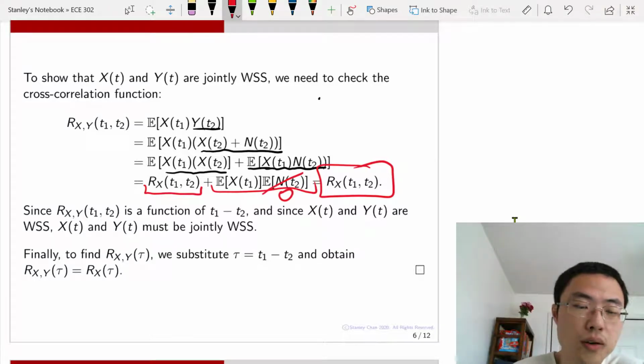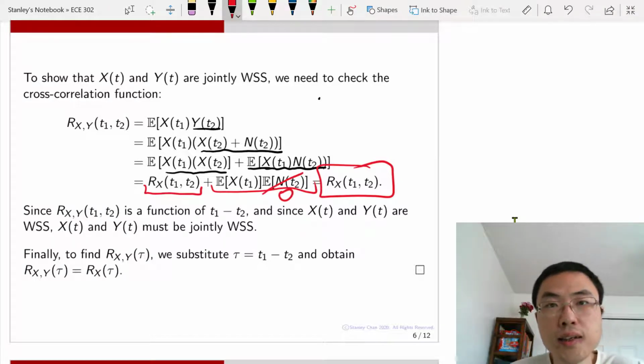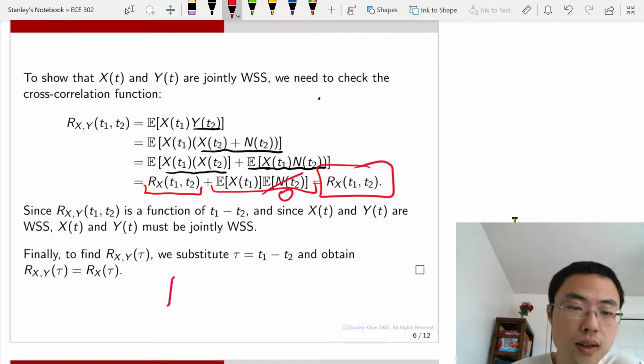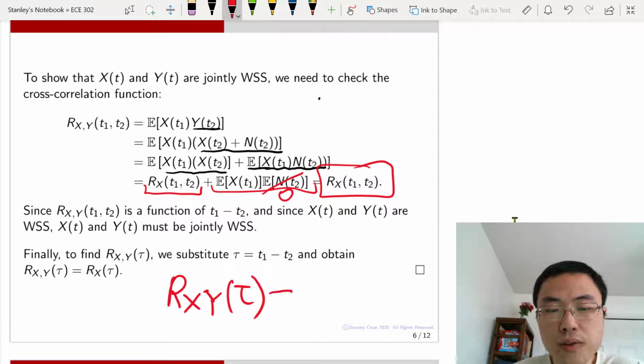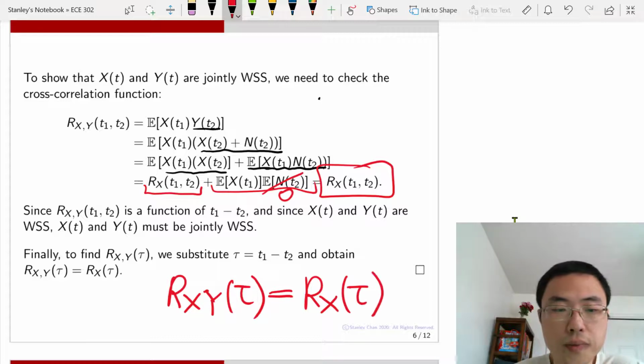Now, the second part of this problem is to find the cross-correlation function between x and y. To do so, we know that the cross-correlation function, Rxy of tau, is indeed just this Rx of tau.